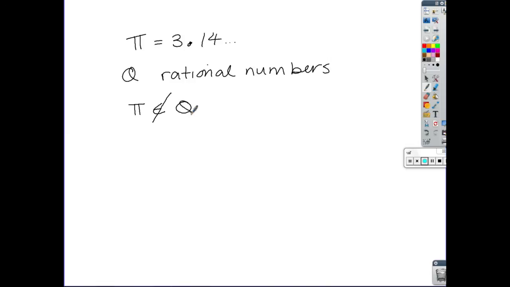We can say the number 2, for example, belongs to the set of integers, Z, or 2 belongs to the set of natural numbers. 2 also belongs to the set of whole numbers.